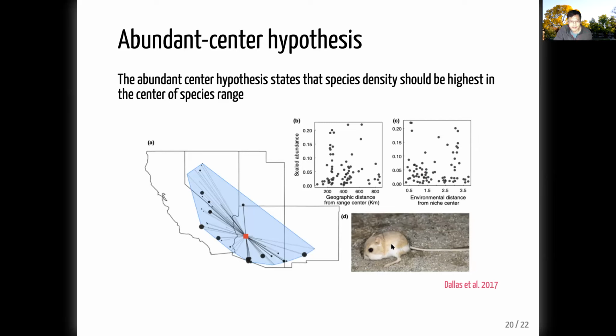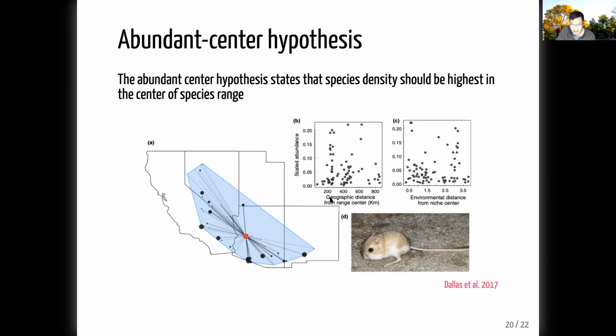This is a mouse, and you can see the blue area is its distribution range, and this red square represents the center of its spatial distribution range. And then we can have different sampling sites and different communities, and we can calculate the distance from the sampling area to the center, which is going to be the x-axis here in B and C.